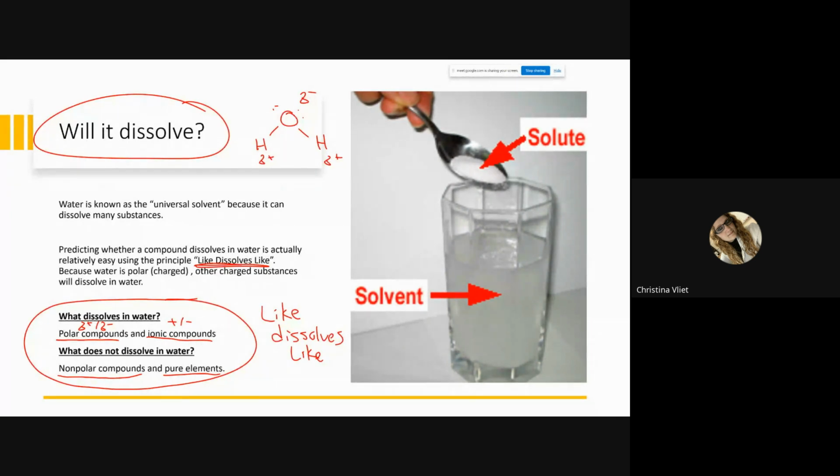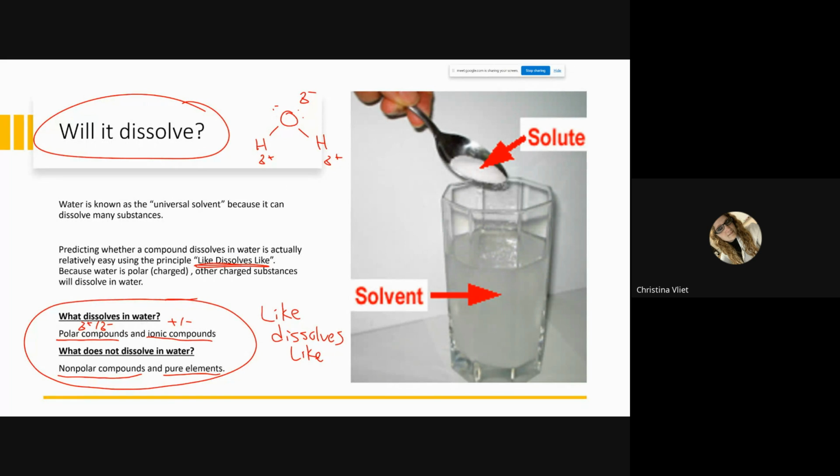So oil can dissolve other non-polar compounds because like dissolves like. Water is not the only solvent that exists. There are non-polar solvents, but water is the one that is used 99% of the time.